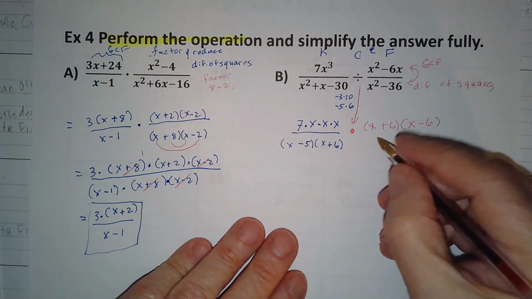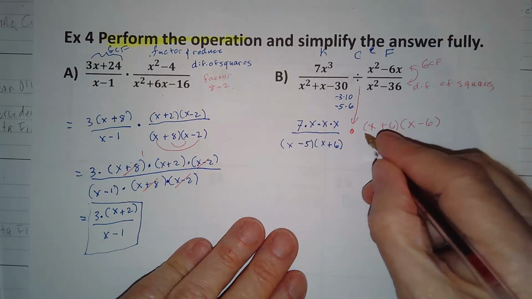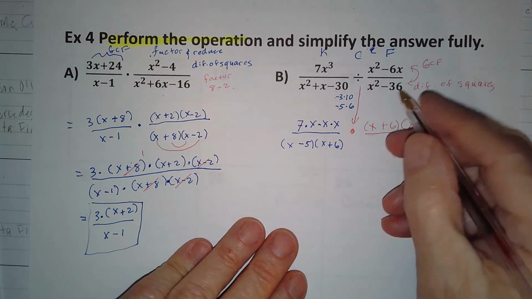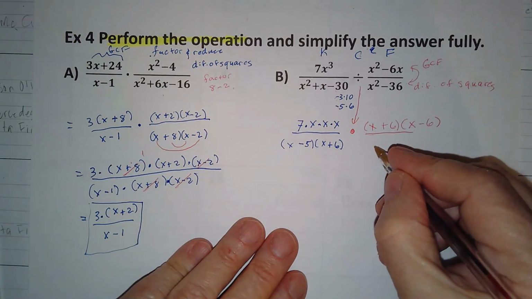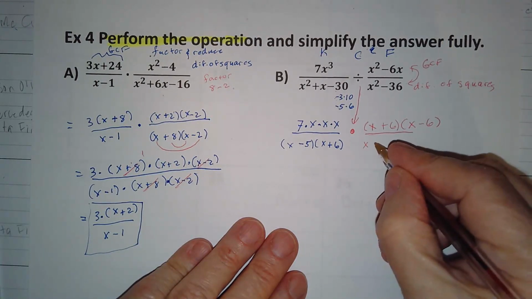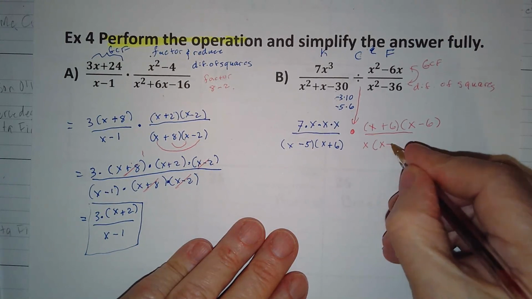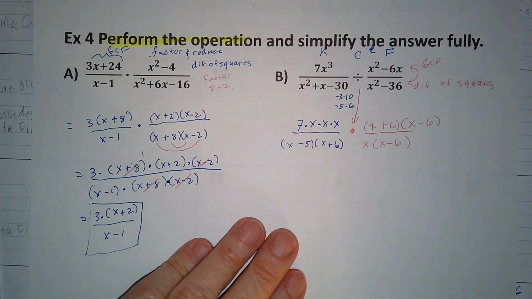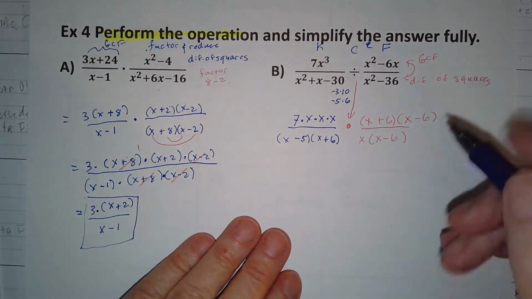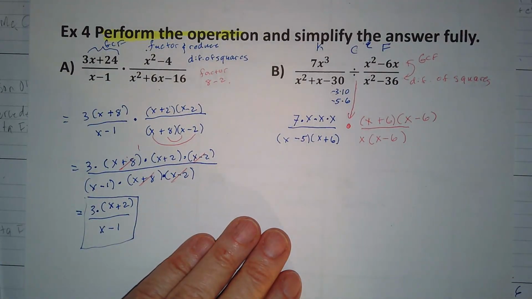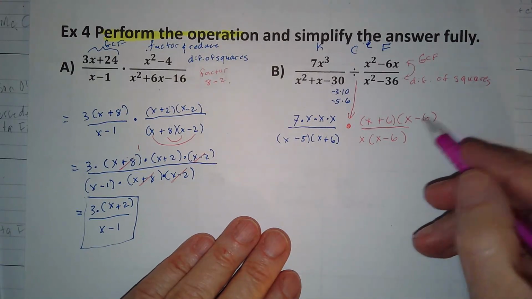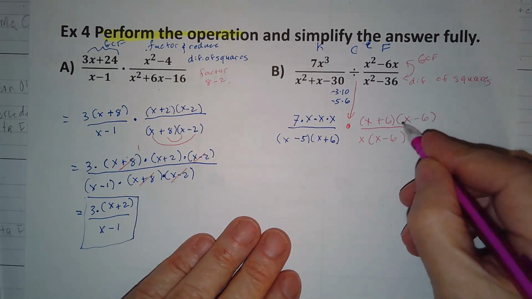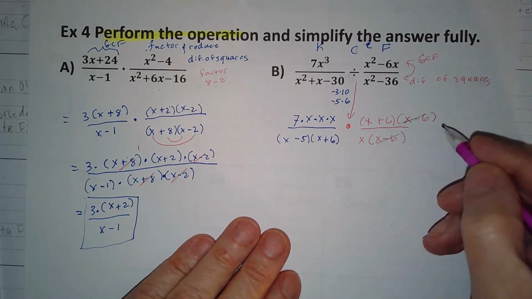So we're going to factor out an x, and we're going to be left with times x minus 6. Okay. All right. So now, having done that, you can see I've got an x minus 6 in the numerator, and I've got an x minus 6 in the denominator that can go.